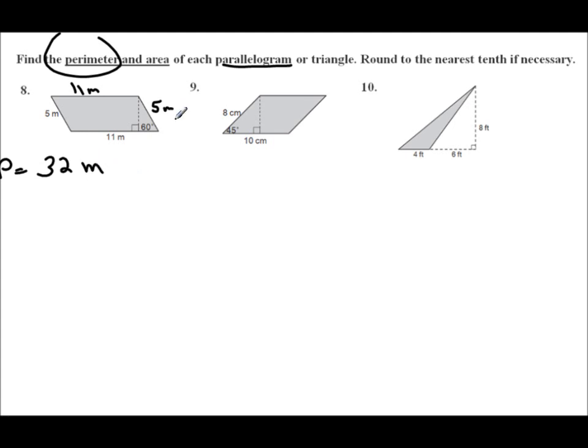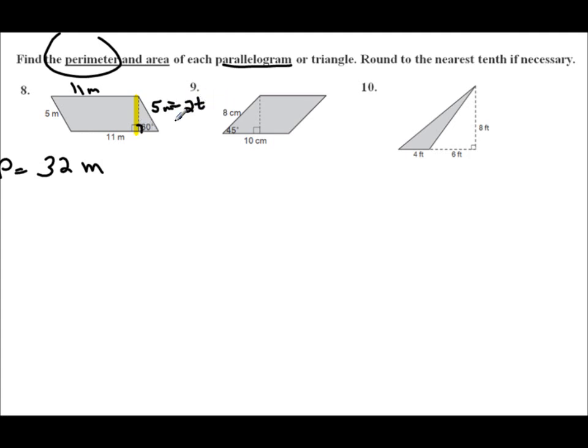Now to find the area, remember the area is 1/2 the base times the height. But we have to find the height here. So what they did was they gave us a 30, 60, 90 triangle to find the height. So we'll start with what they gave us. They gave us opposite the right angle, which is 2t.